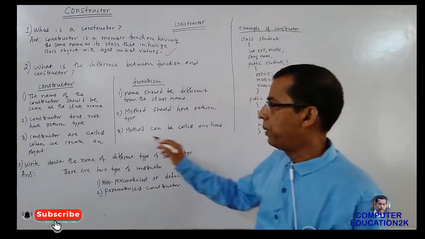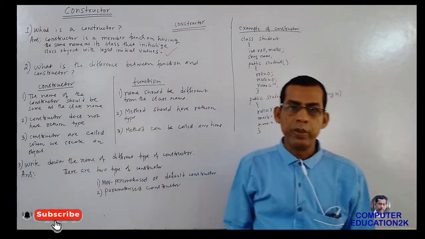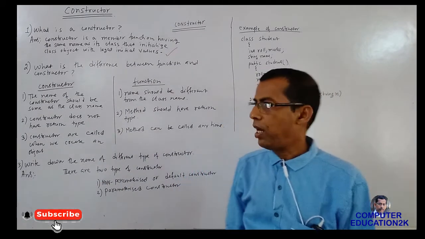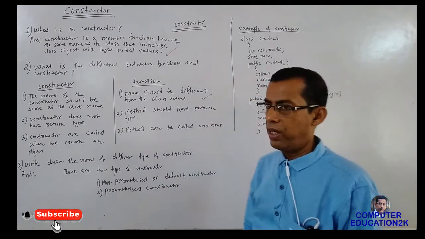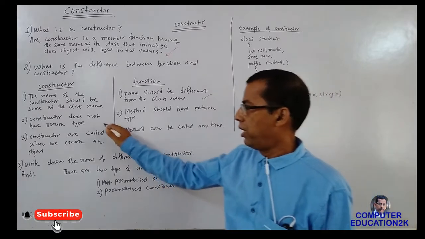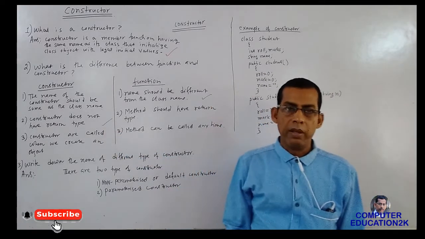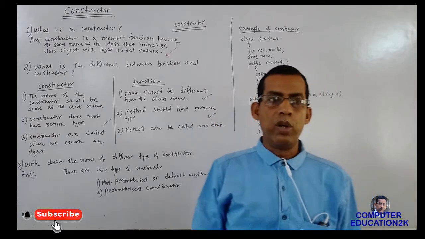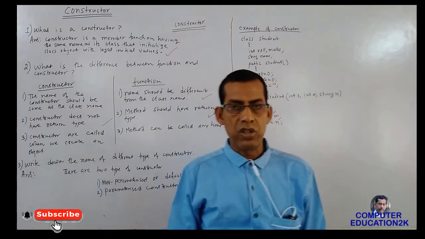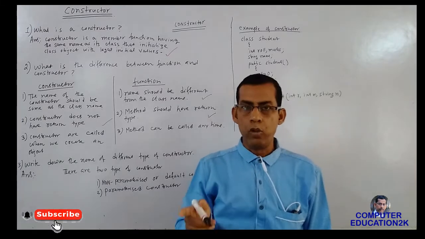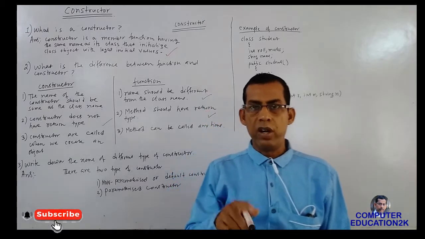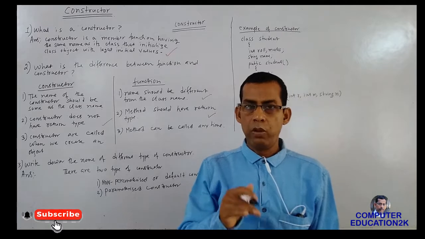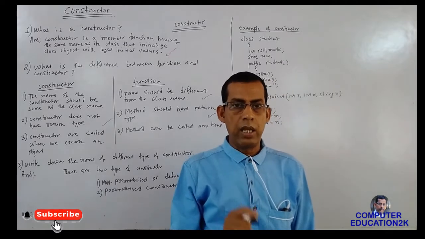The main difference I have given here: the constructor name should be same as that of a class and the function name should be different. And constructor does not have any return type, but the function has a return type. Return type means, whenever you write a function, say public void input, public void calculate, public void display, before the function name you are writing void, which is a return type.